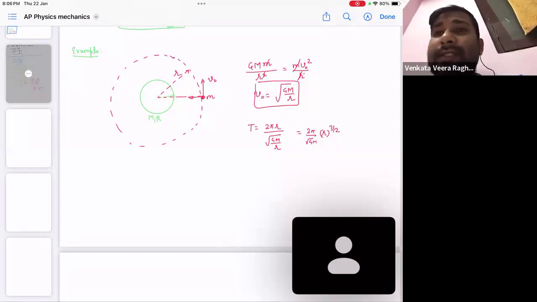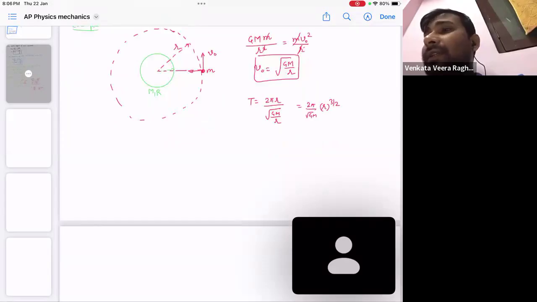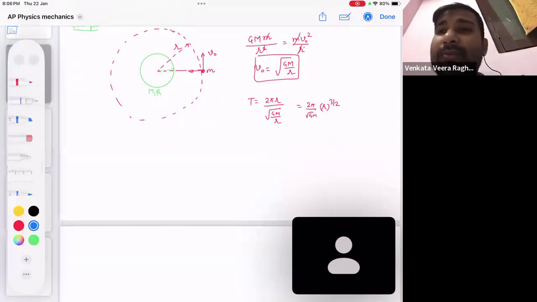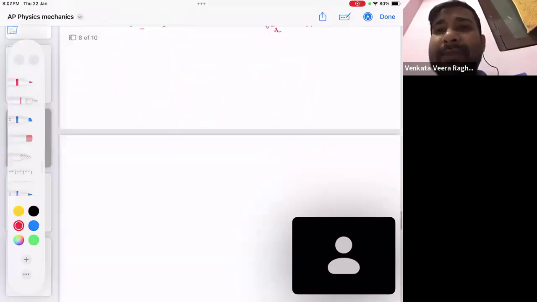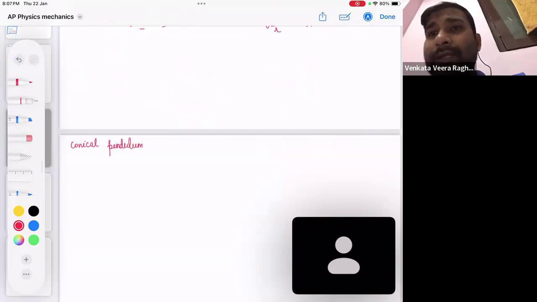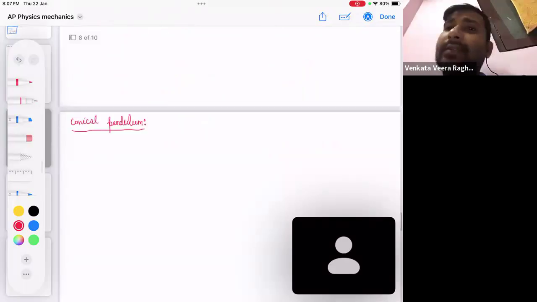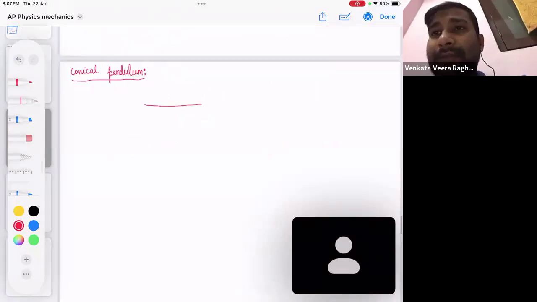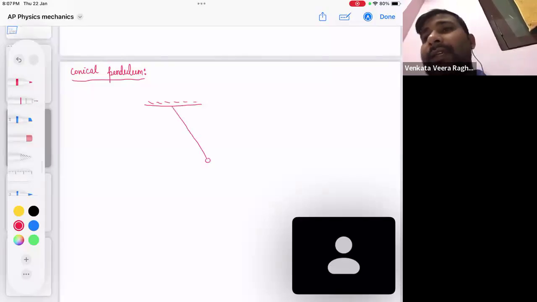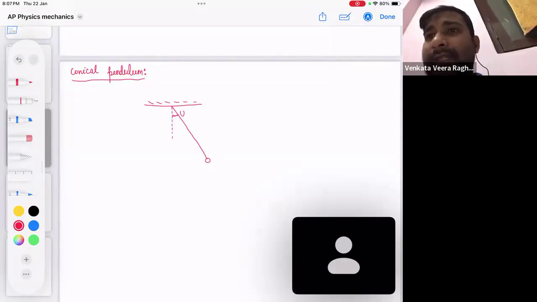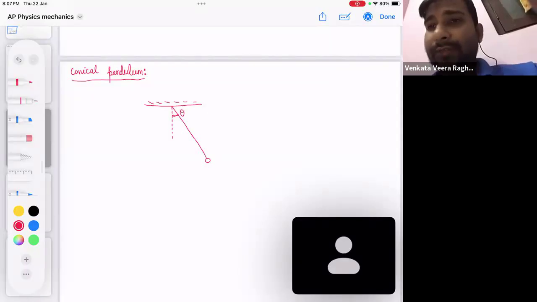Okay, so let's discuss another example. In this example, it is called the conical pendulum. Sometimes that question will be given as the conical pendulum, and sometimes this is just an example. Conical pendulum means there is a particle connected with a string, something like this, and this string is making some theta angle with the vertical.